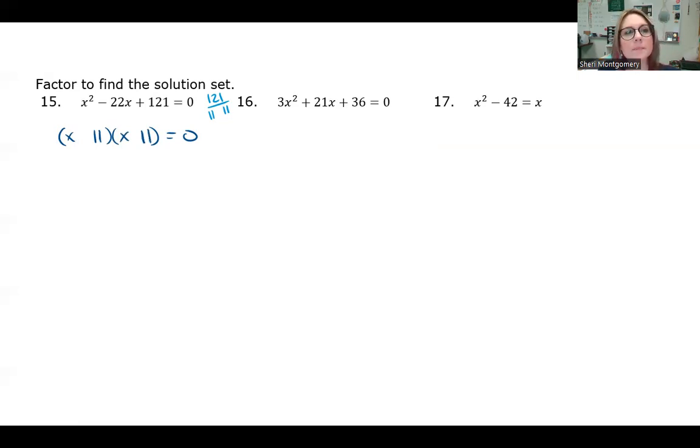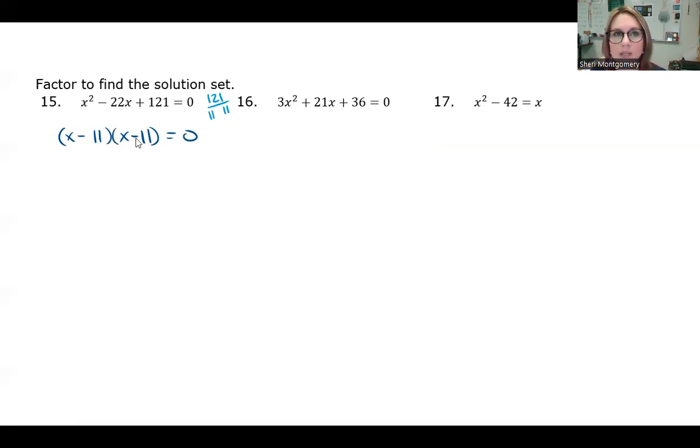All right, my middle term is negative, but they're both the same value. So which one gets to be negative? Both of them, because they're exactly the same. Will negative 11 and negative 11 add to give me negative 22? Yes.